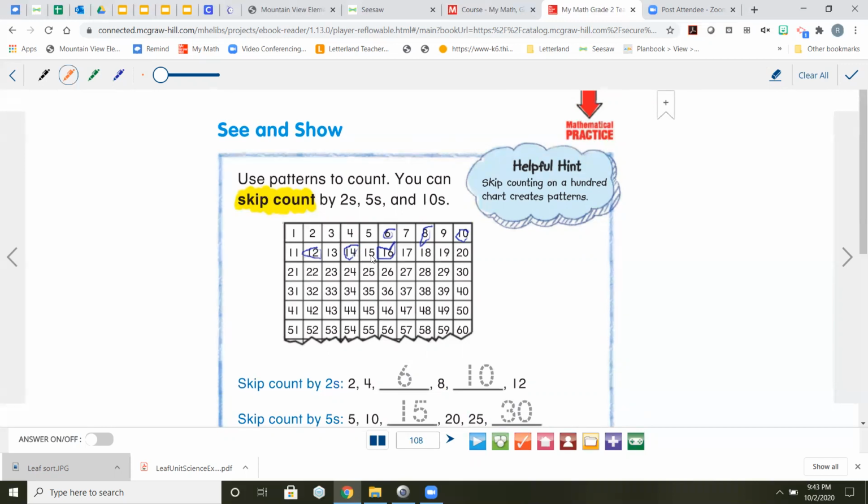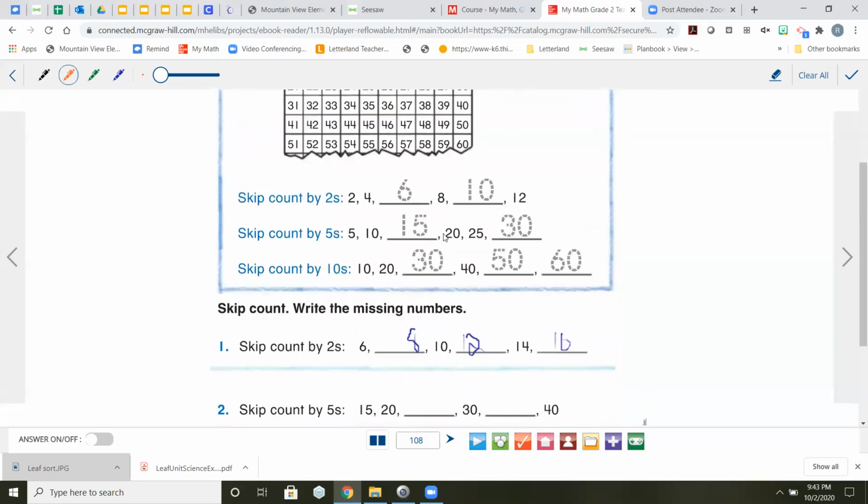So if we come back here and go 5, 10, 15, 20. Remember, everything with 5s is in the 5s column going down through here, where 5's in the 1's place and 0 in the 1's place. So 5, 10, 15, 20.